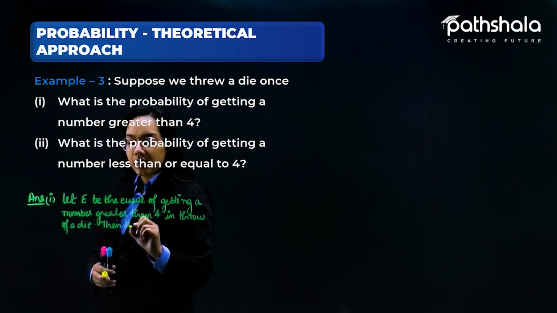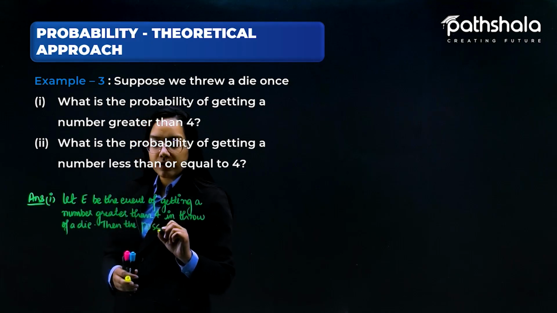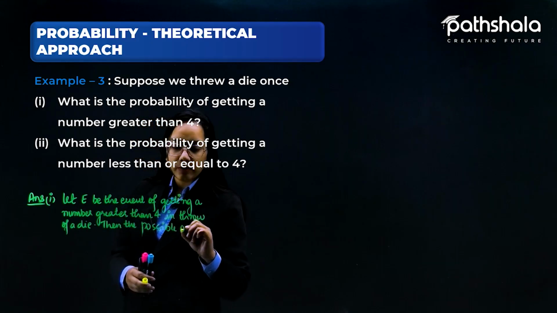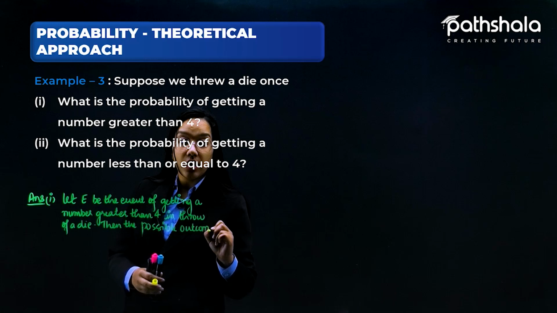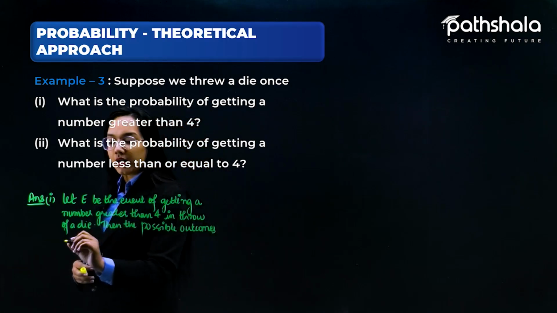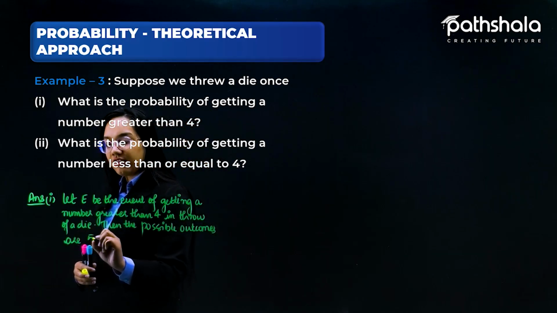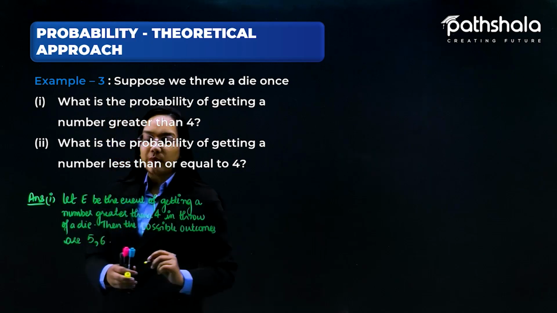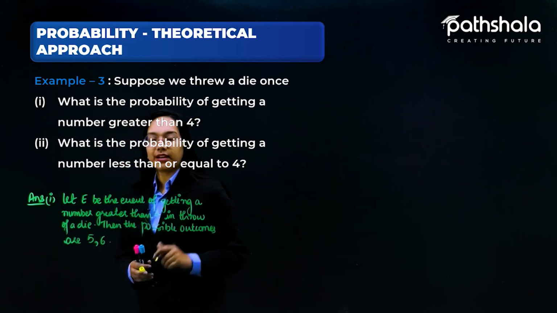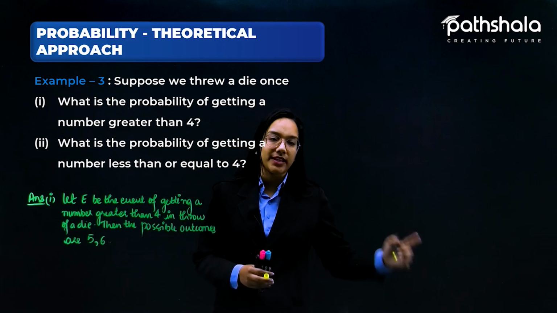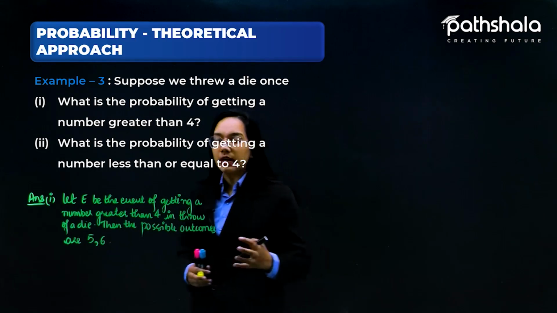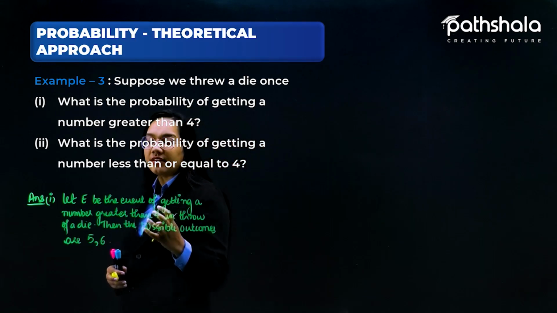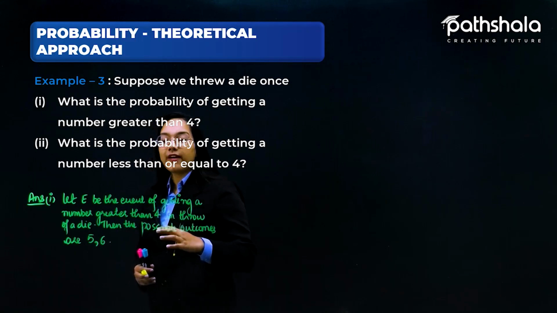Then the possible outcomes are 5, 6, because we know that in a throw of a die we can get 1, 2, 3, 4, 5, 6. So the possible outcomes for this event would be nothing but 5 and 6.